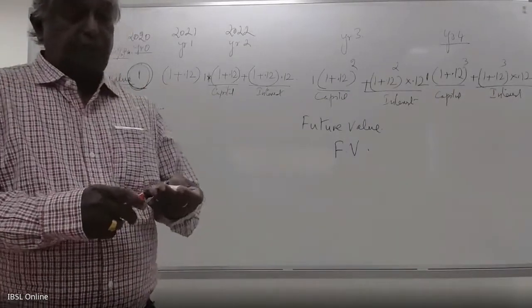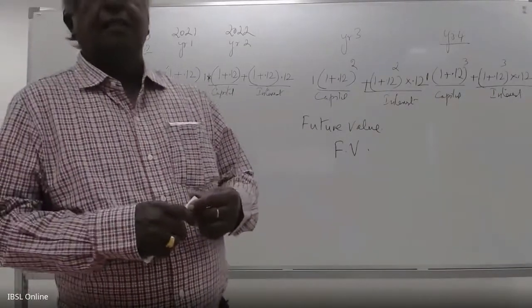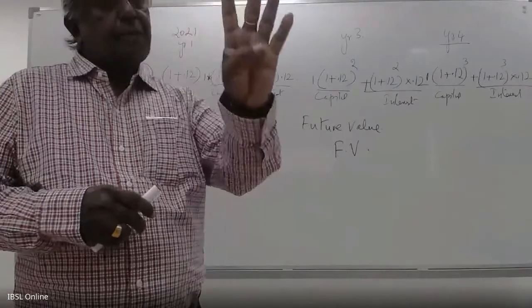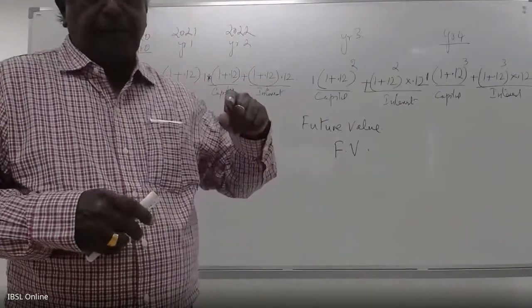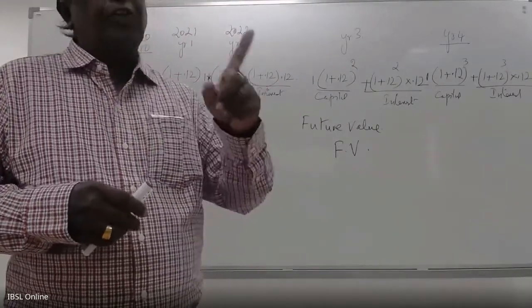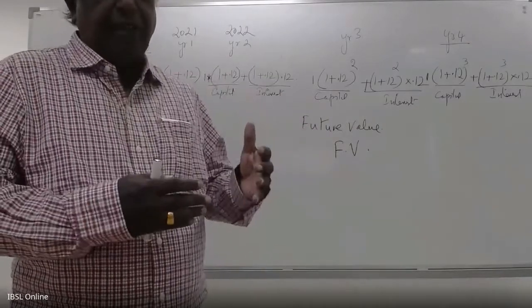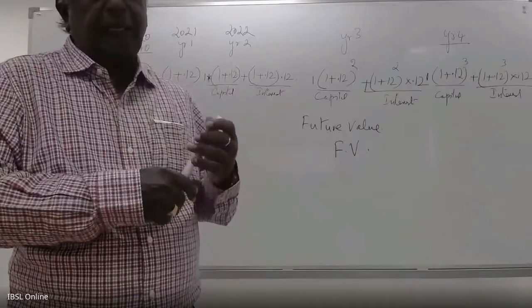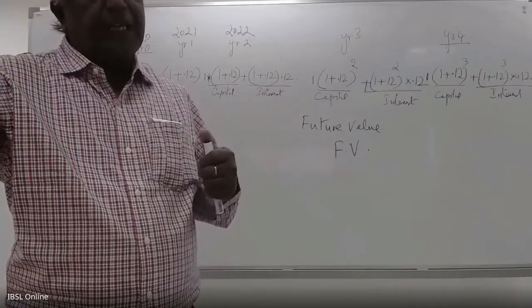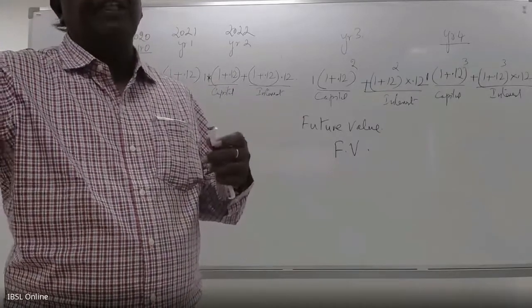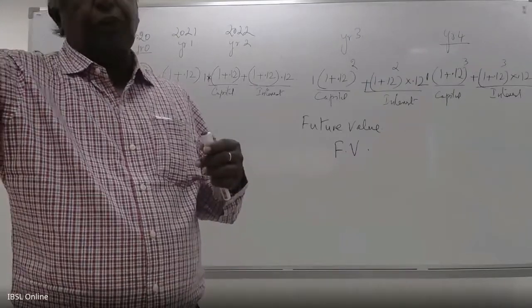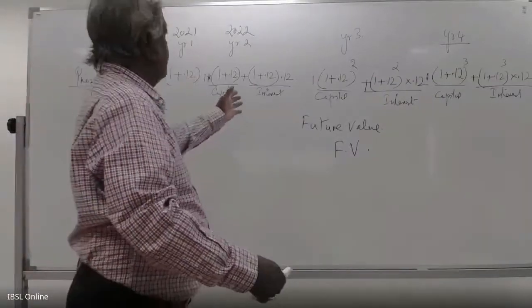So now we have learned three things. One is time value of money, and the other is present value of money, that is the money we have today. And the future value of the money is what we receive on a future date.